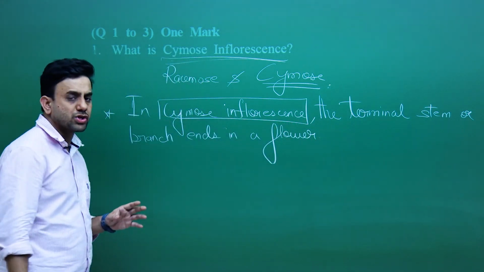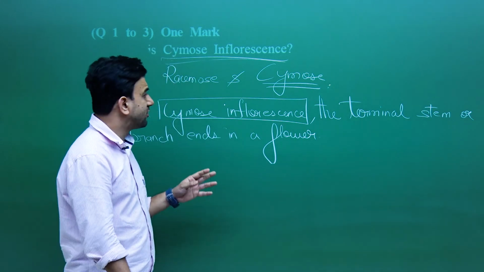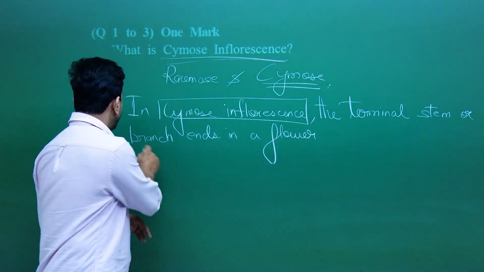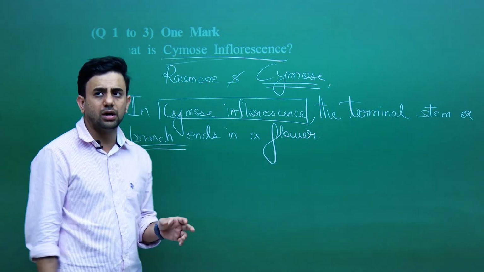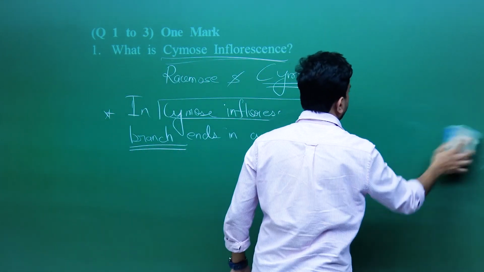This is just a one mark question, so no need to bang your head on this, right. So in a cymose inflorescence, the terminal stem or branch ends in a flower, absolutely right. We move on to the next question.